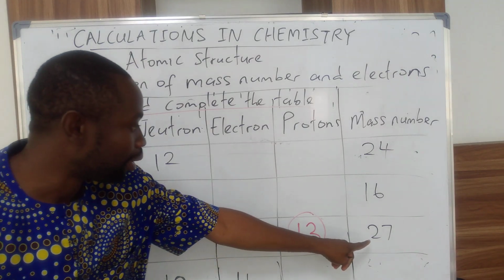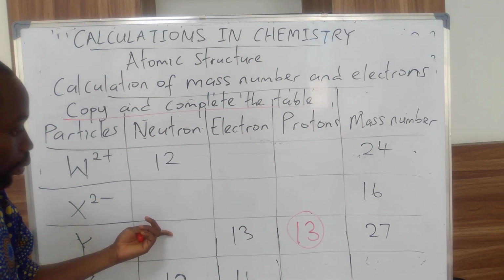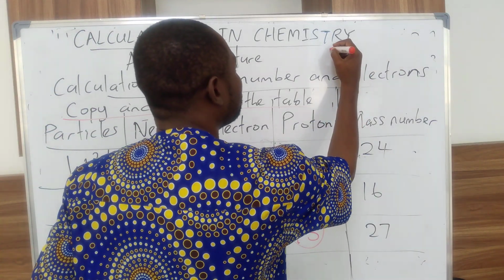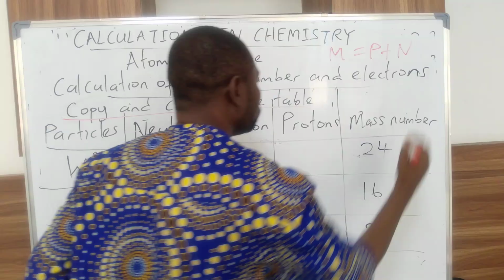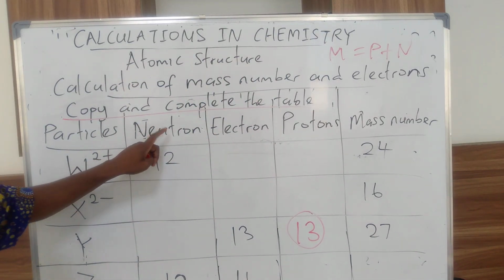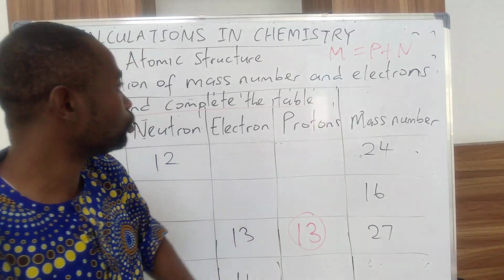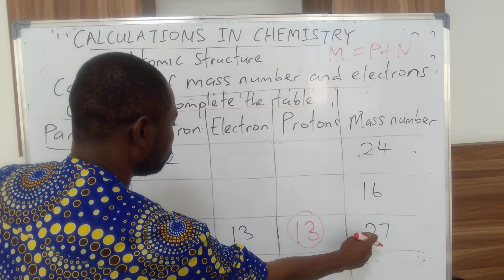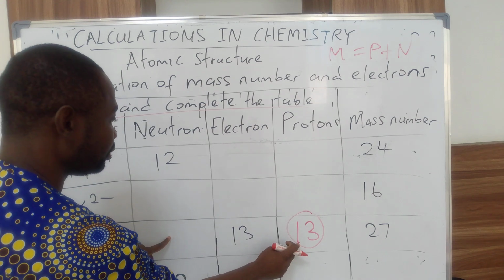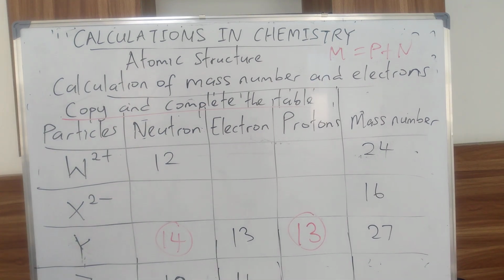Now, I have the mass number to be 27. How do I get the neutron number? Remember the formula I gave you? Mass number is equal to proton plus neutron. So for me to get neutron, it will be mass number minus proton. So to get neutron, it's going to give me 27 minus 13, which is what? 14. So this is 14.